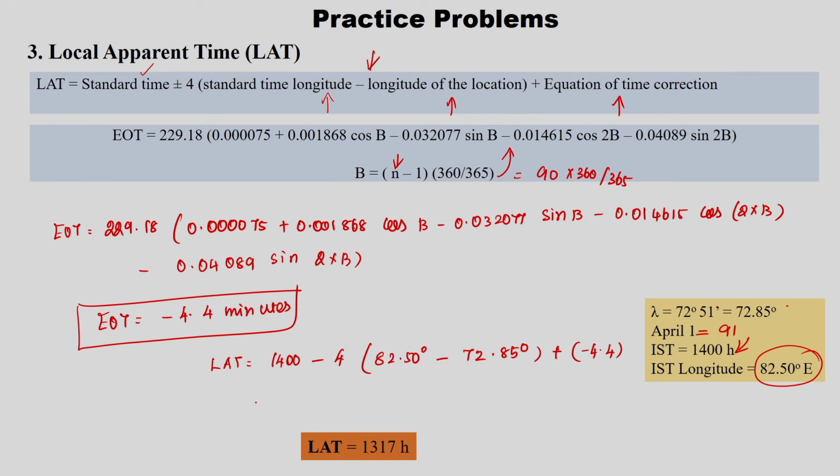If you calculate, you get 14 hours minus 43 minutes. So, your local apparent time is 13 hours 17 minutes. This is the way we can calculate local apparent time.